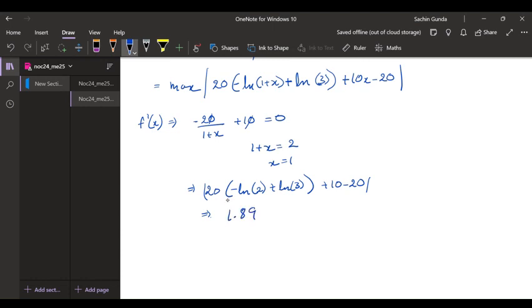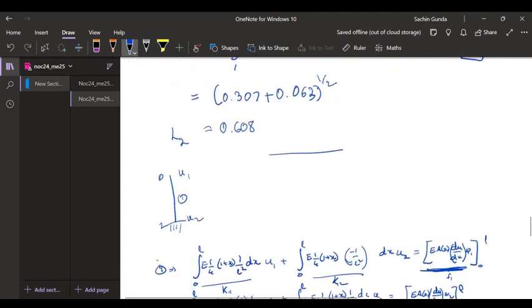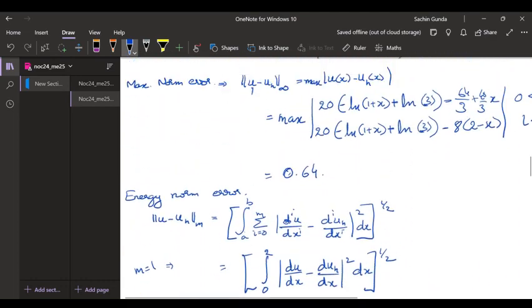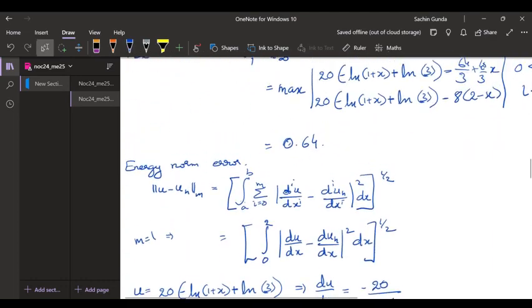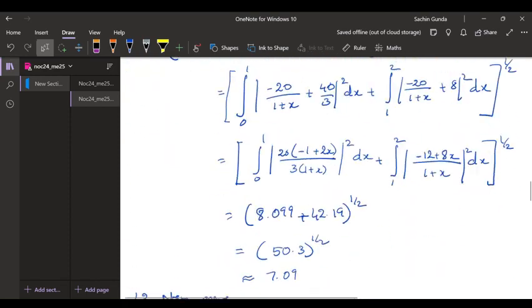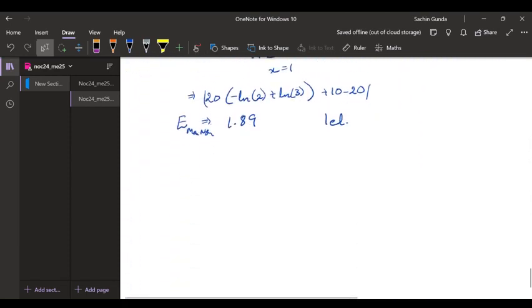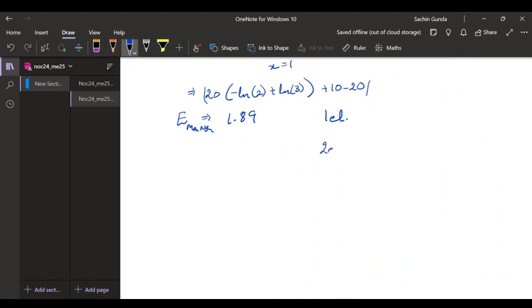This is the max norm error for one element. And if we see the maximum norm error for two elements, it is 0.64. You can clearly see that the error reduced by increasing the number of elements or reducing the size of the element.